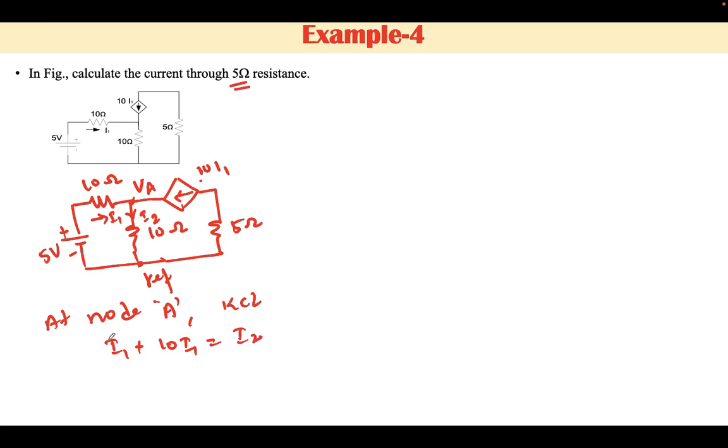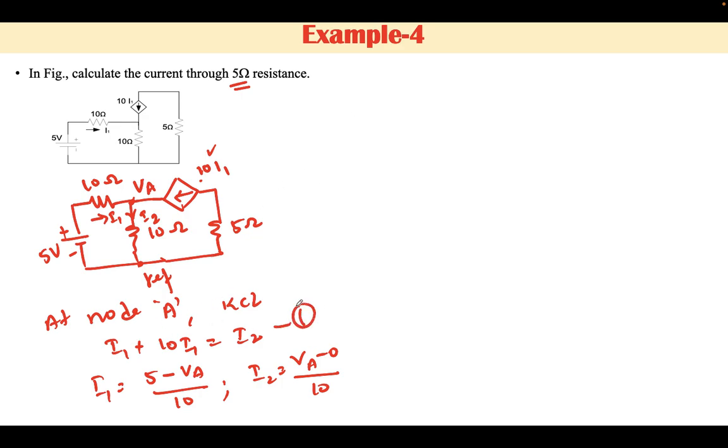Here I1 is equal to (5 minus VA) upon 10, and I2 is equal to (VA minus 0) upon 10, and in the third branch this 10 I1 is already defined. Now putting these values in this equation, consider this is equation first.